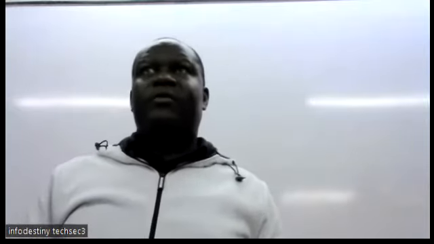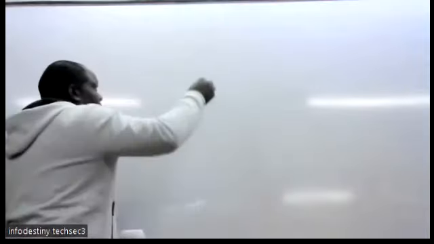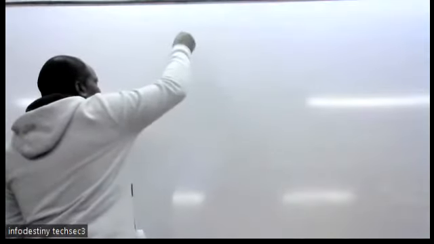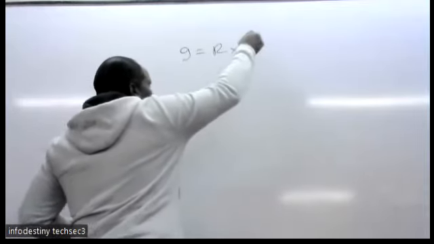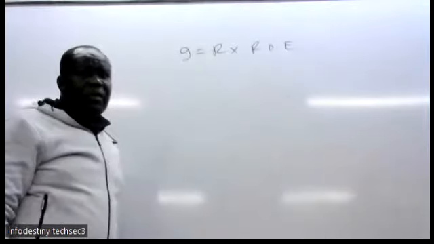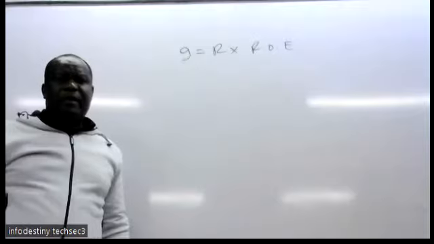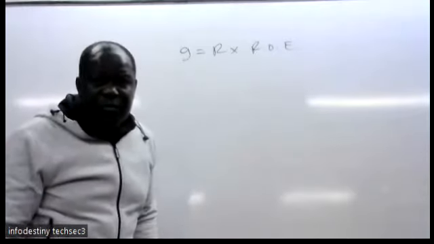For this question, you are to apply the retention ratio method in order to get the constant growth rate G. G is given by R multiplied by the return on equity.